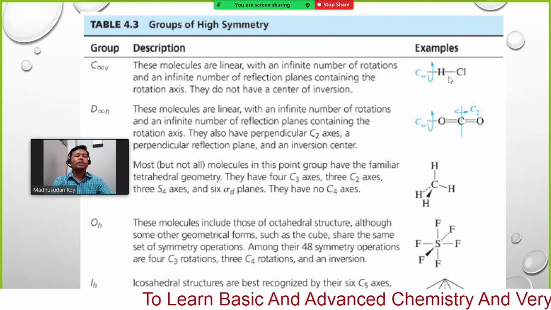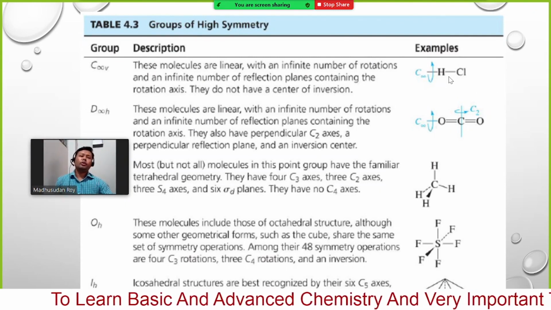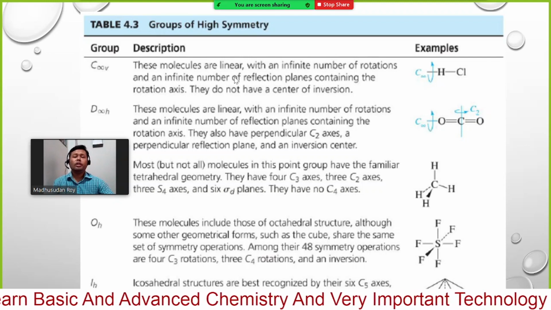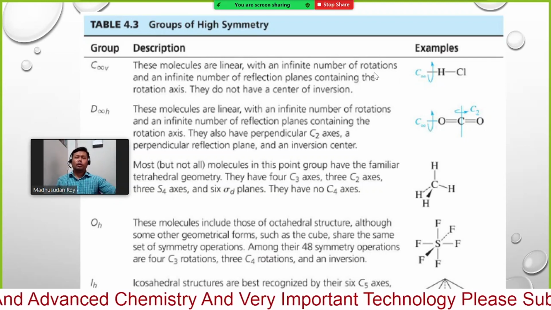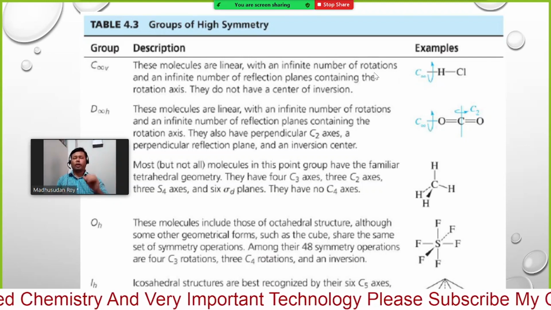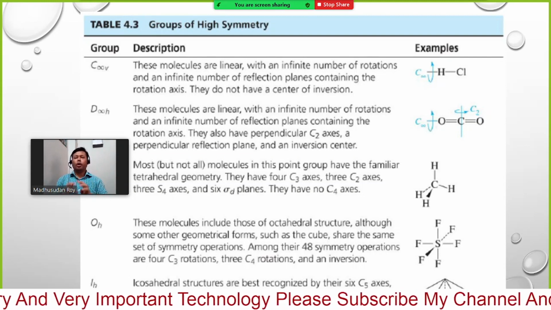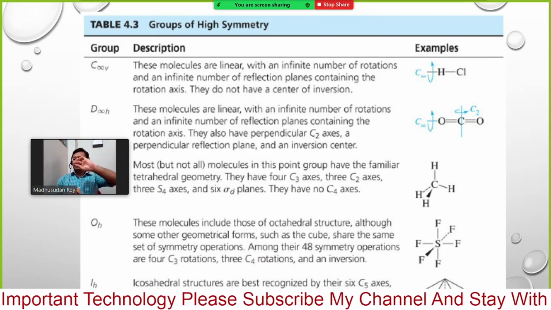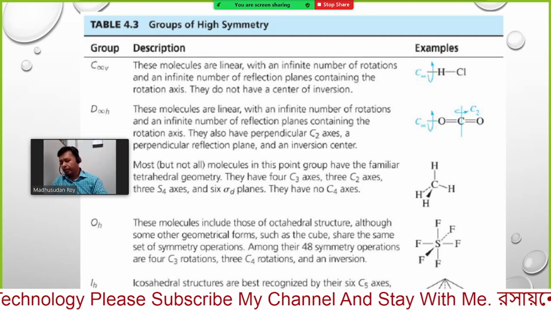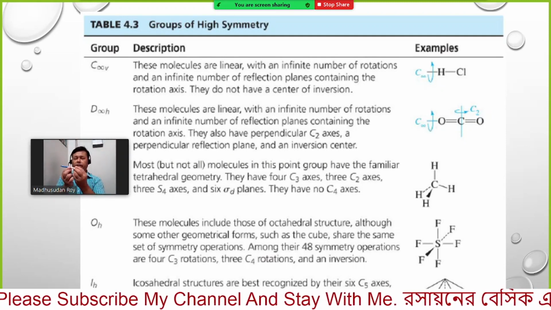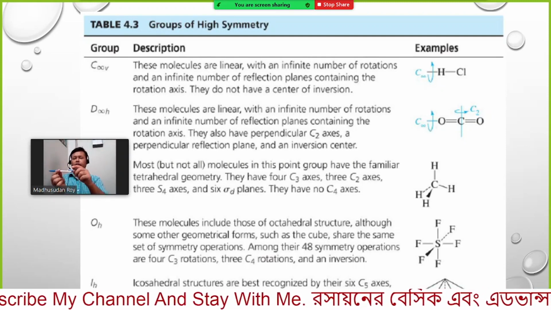Let us consider hydrogen chloride. These molecules are linear. So if you rotate the hydrogen chloride about its bond, it can rotate any way. Just like if you rotate a pen, this is a little bit different.